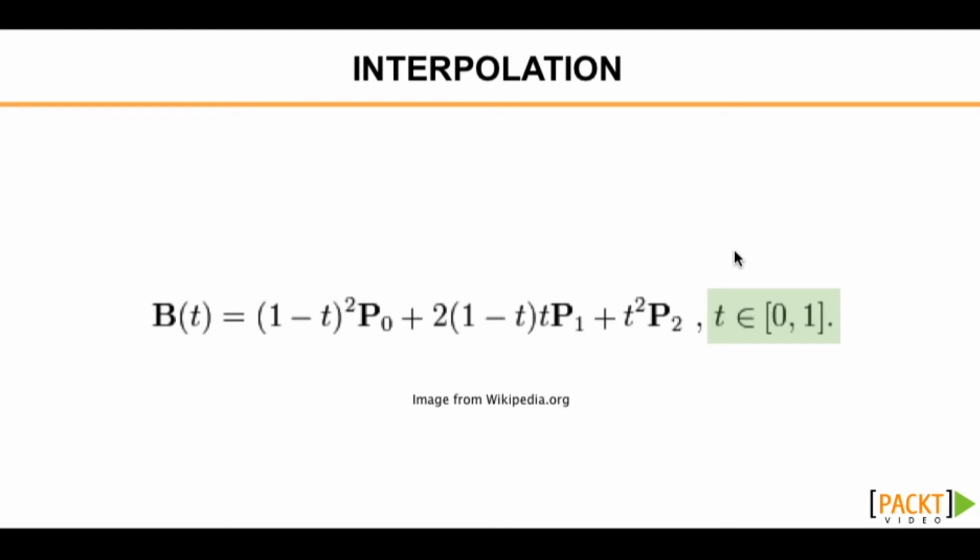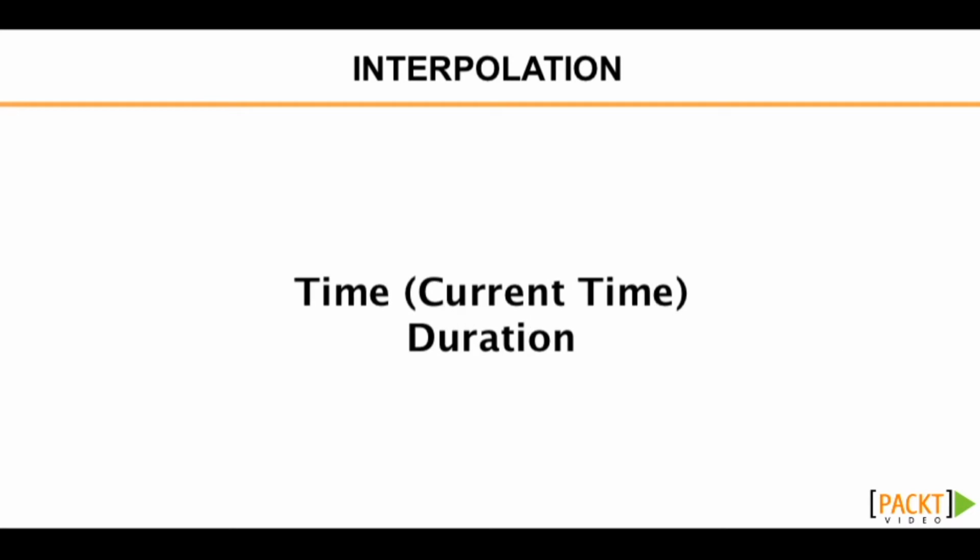But let's take a look at that parameter there. It says that time is between 0 and 1. So what is it talking about? You probably remember from the easing example that we have time, which was the current time, and the total duration of the animation. In this case, it's just the same.